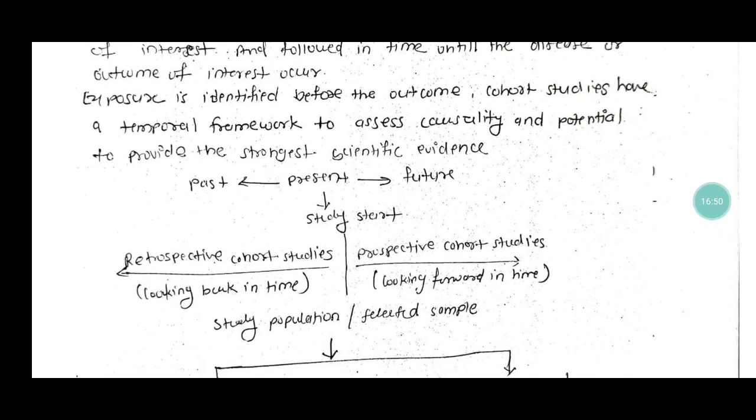So the past, present and future, where the study starts. Retrospective cohort studies look back in time, prospective cohort studies look forward in time.